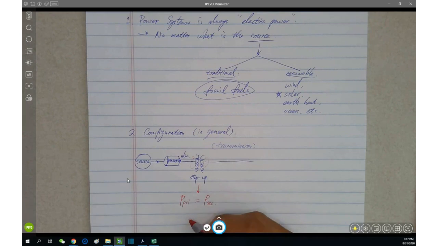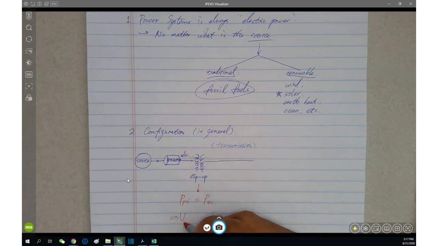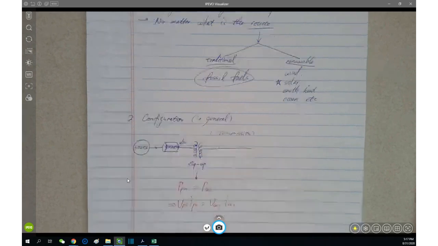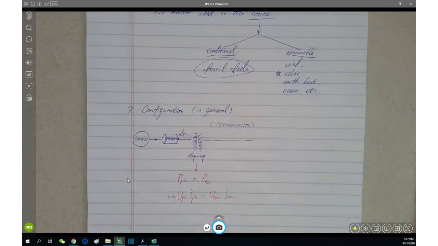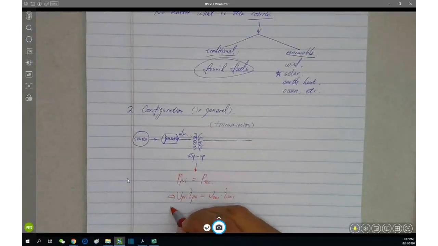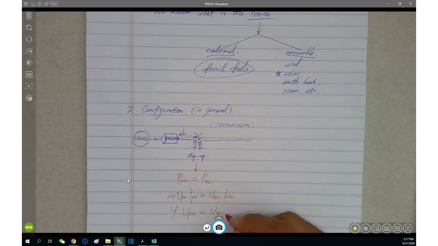Due to this, V primary times I primary equals V secondary times I secondary, right? And then if V primary is lower than V secondary, then I primary is greater than I secondary, right?